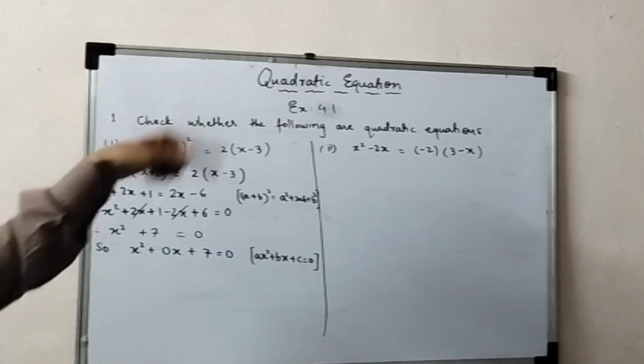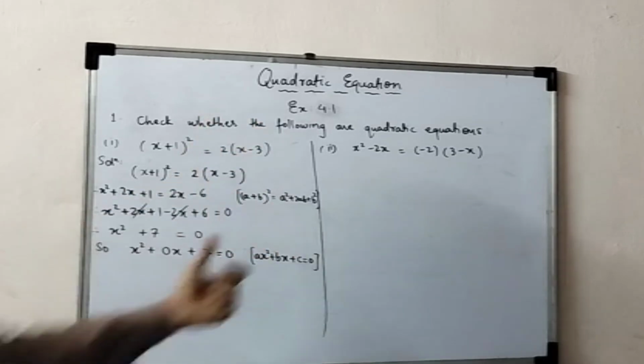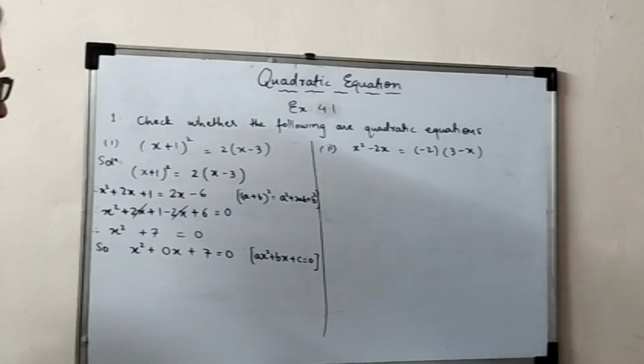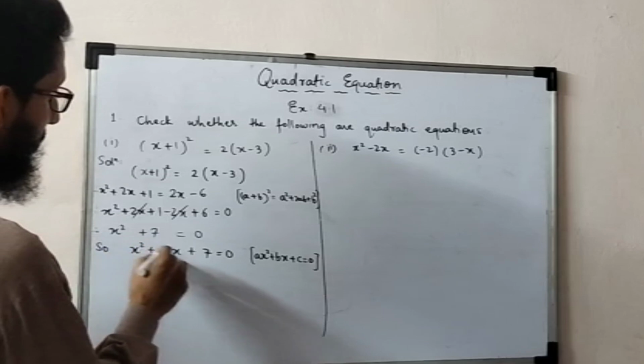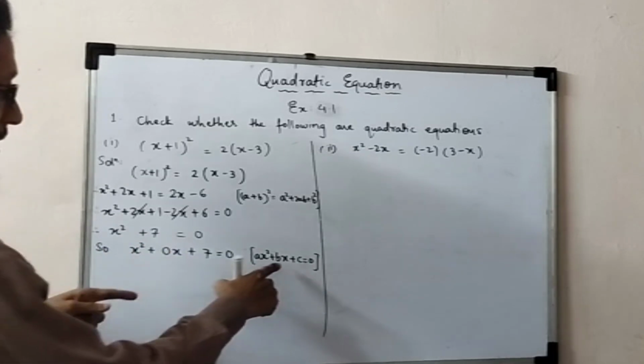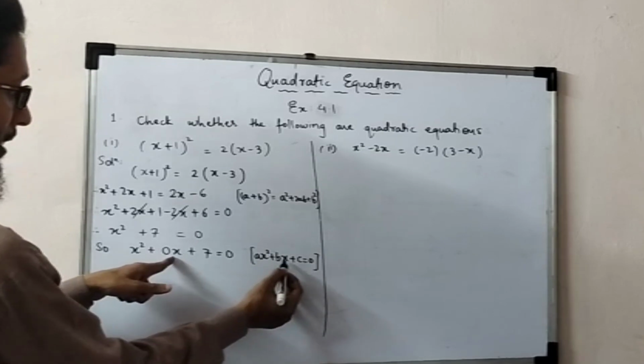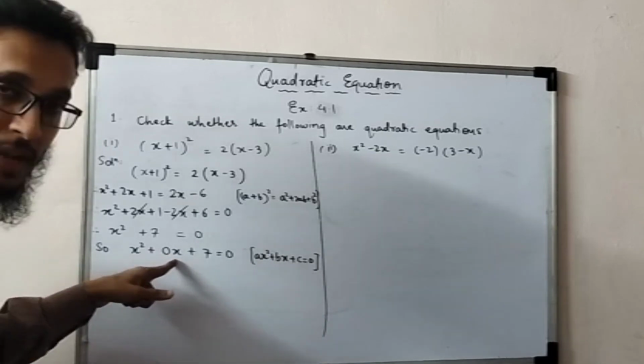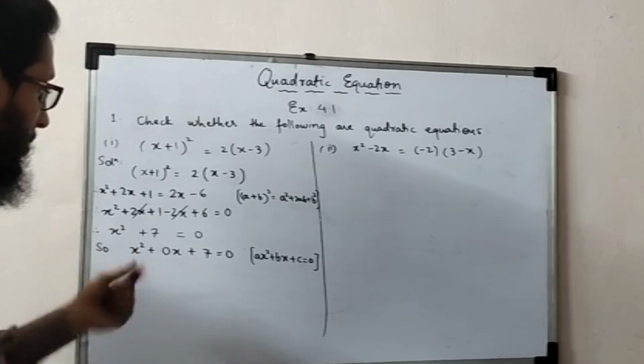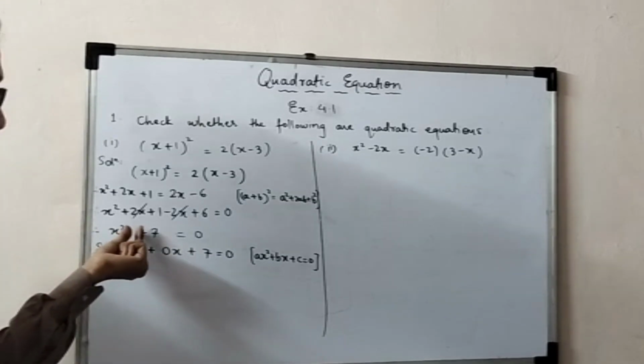I have a small whiteboard, that's why there is an issue of space. x square plus 0x plus 7: here the bx term is not there, that's why I have written 0. The middle x term is not there.